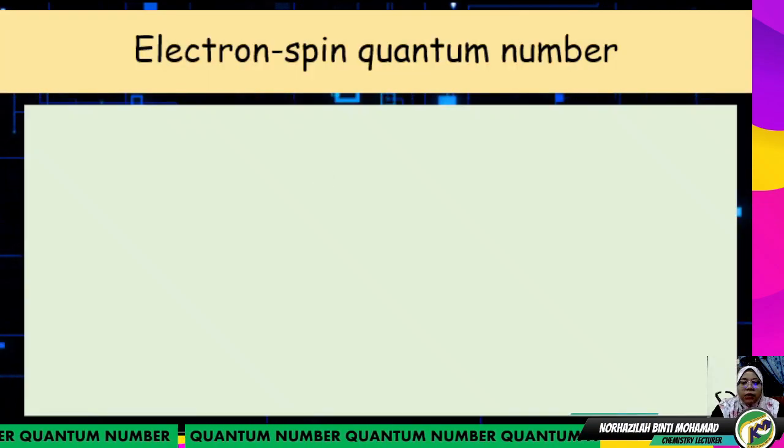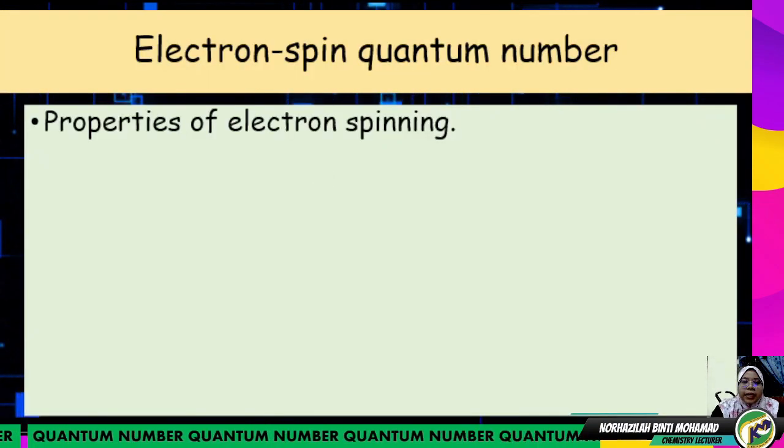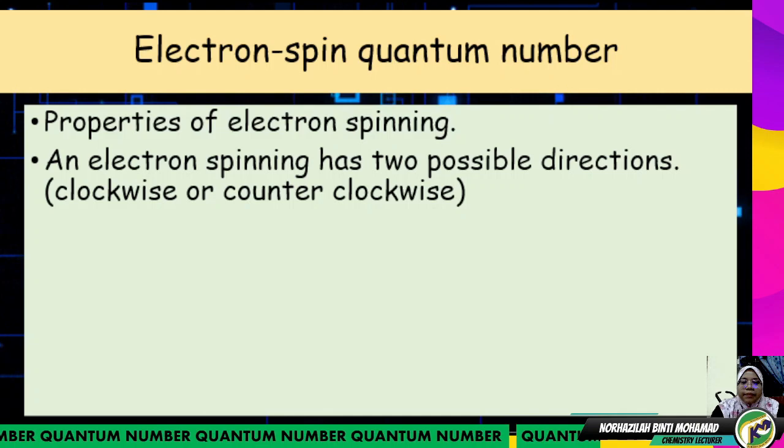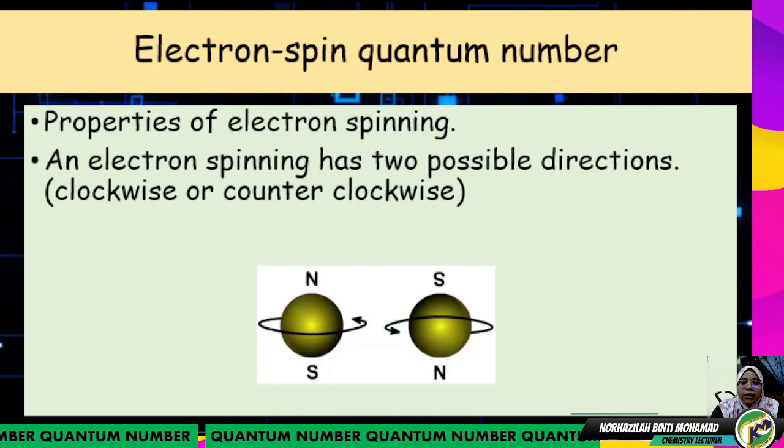The electron spin quantum number describes the property of electron spinning. An electron spinning will have two possible directions: clockwise or counterclockwise.